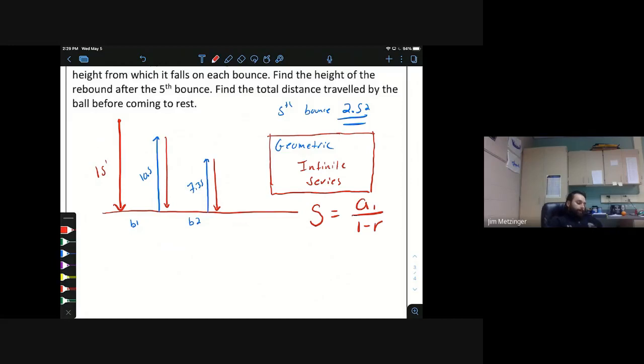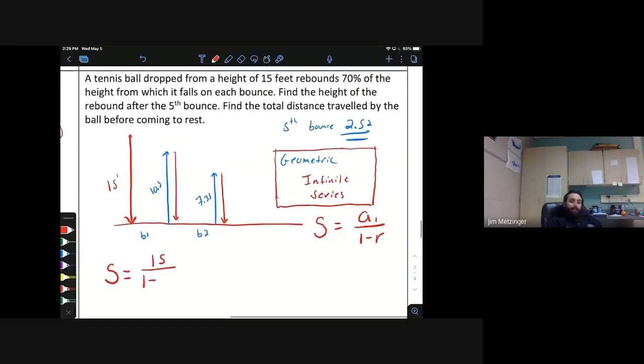So I'm going to find the sum of an infinite number of my red arrows where I fall down. The first fall was 15 feet, that's a_1, over 1 minus r. Well, what is r? What's r in the context of the problem? 70%, so 0.7.